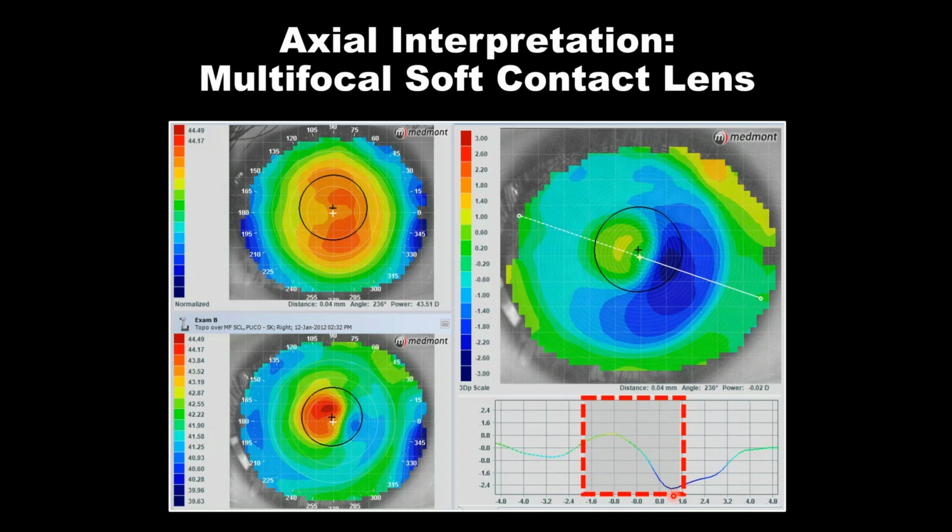So we have done a poor job of centering this contact lens on eye, and it's no surprise that while we might have provided better multifocality, we've increased the aberrations to the point where it's neutralized or nullified the benefit of the multifocality that we've created. This patient probably has a fair amount of blur at all distances, near and far.